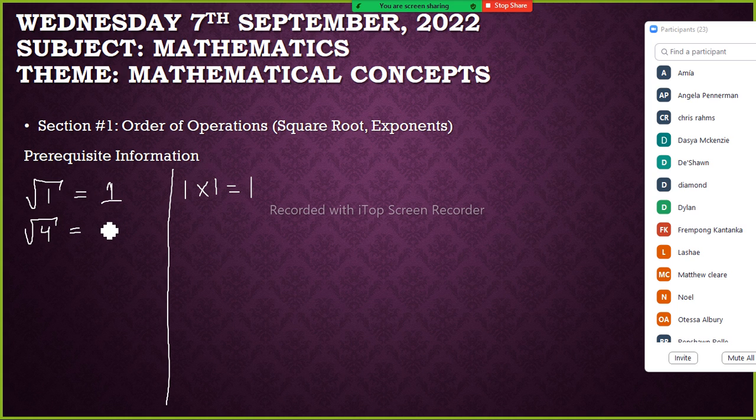The square root of 4 is? I want 1 digit. No, the square root of 4. Anyone want to help out? Square root of 4. 2. And that's because 2 times 2 is what? 4.